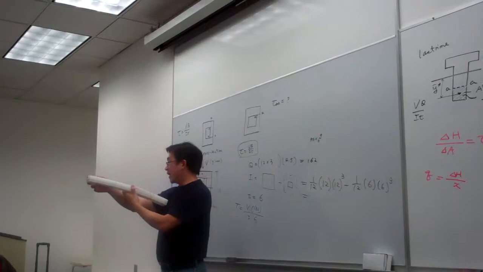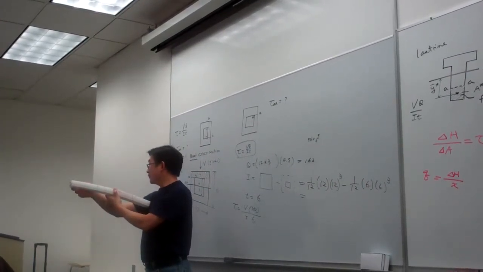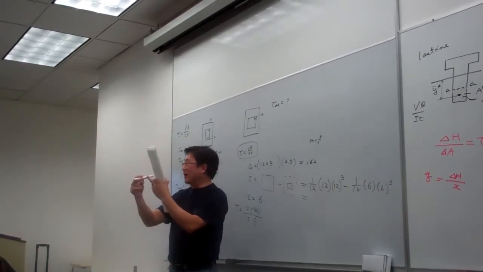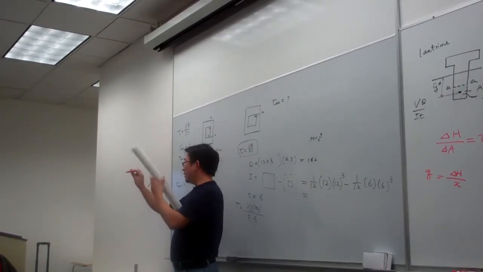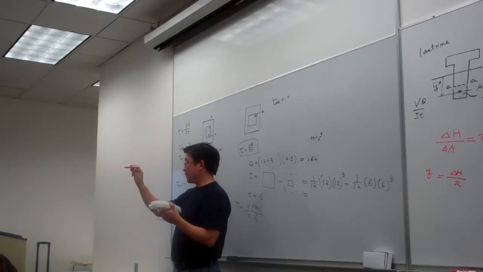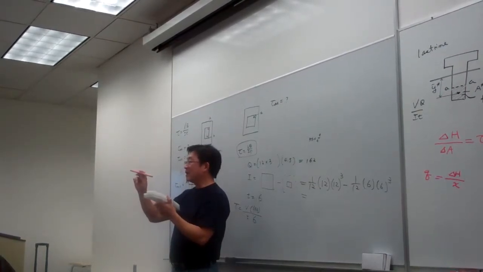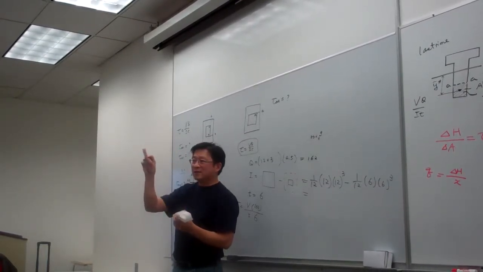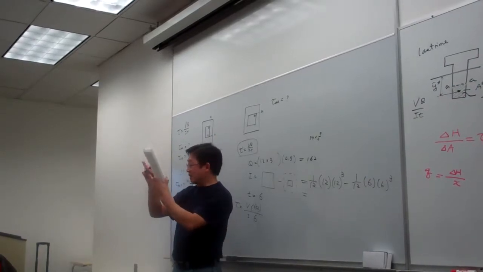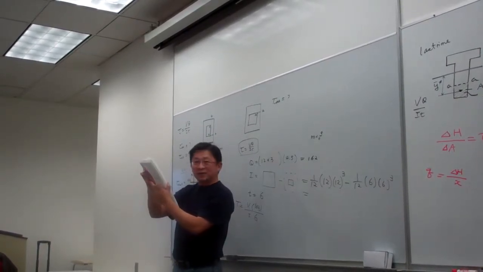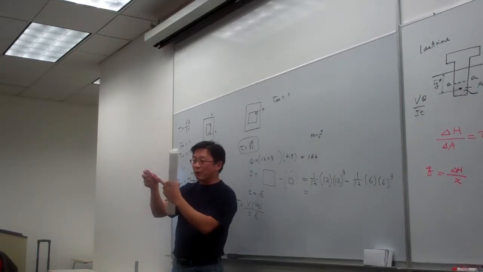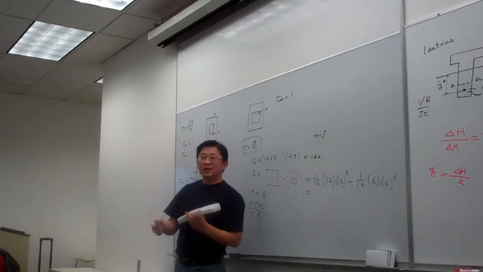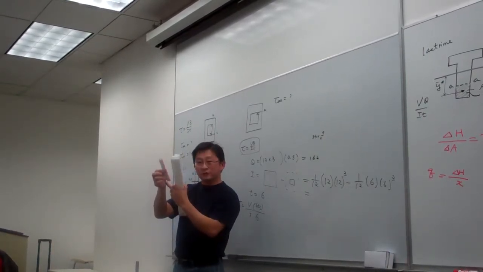Definitely, H1 is not equal to H2 in general. If we are able to solve for the value of H1 and divide H1 by this area, that will be the average shear stress on this area. So the issue is how to solve for H1 and H2, or equivalently, if this is the unit length, how to solve for q1 and q2.